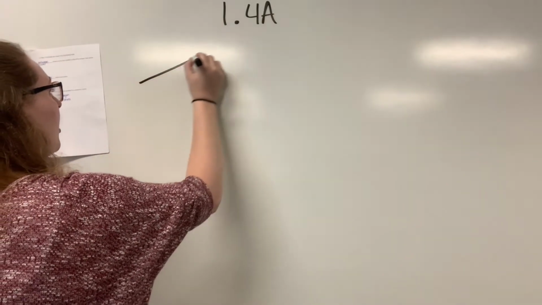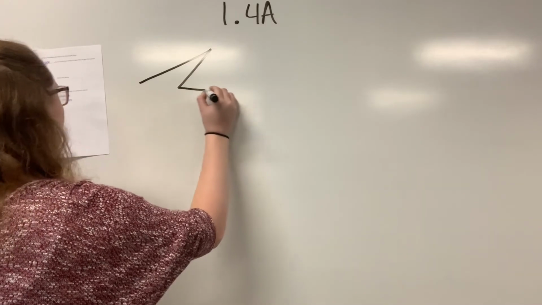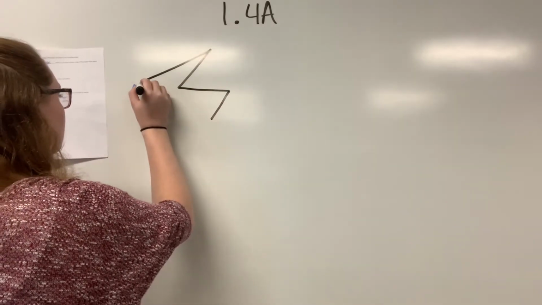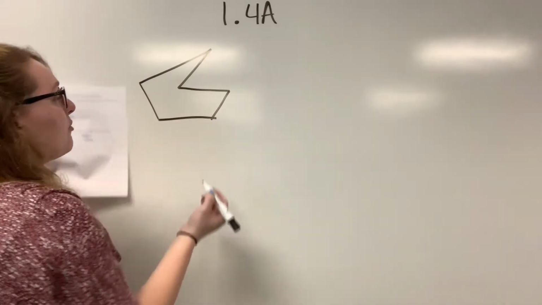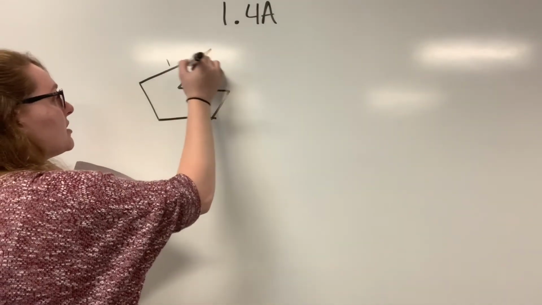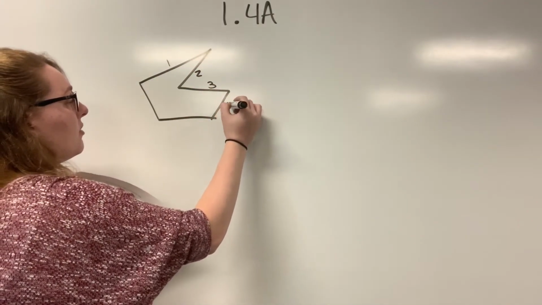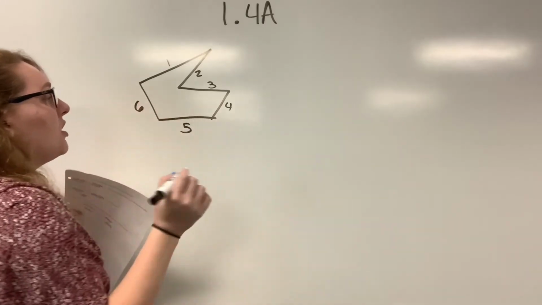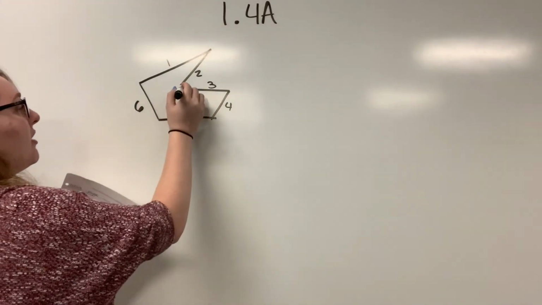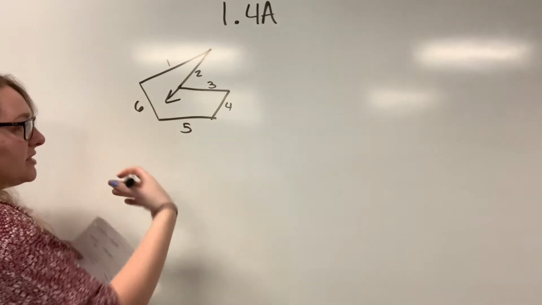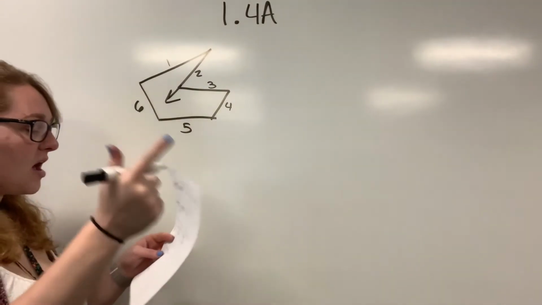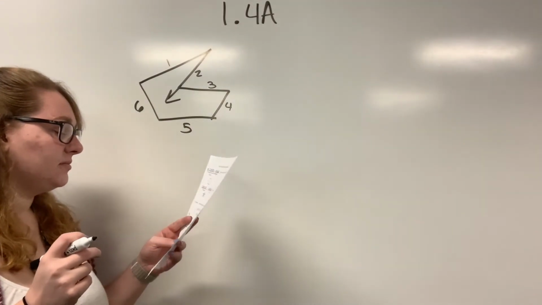So I'm going to draw a funky looking shape like this. Let me count my sides to make sure I have 6. 1, 2, 3, 4, 5, and 6. Awesome, I have 6 sides, and if you follow this one through, it goes right through the center, so we know it's concave, and we know it's a hexagon.